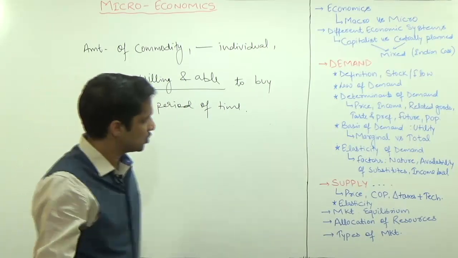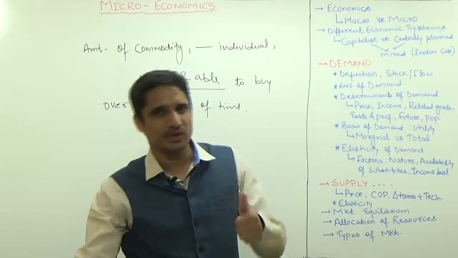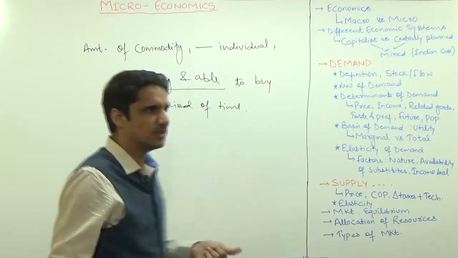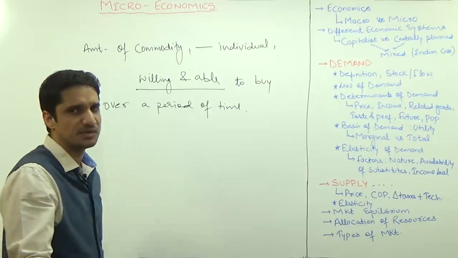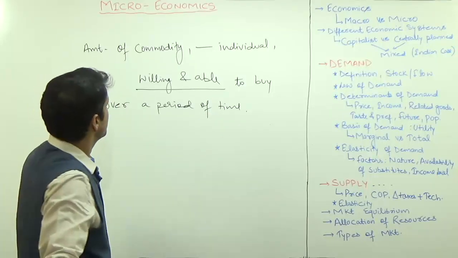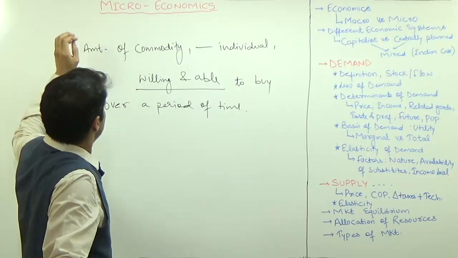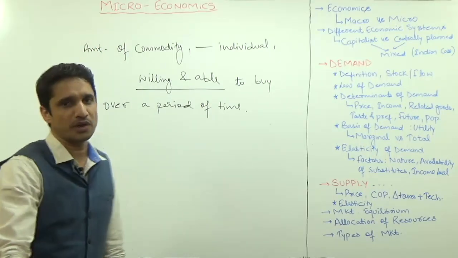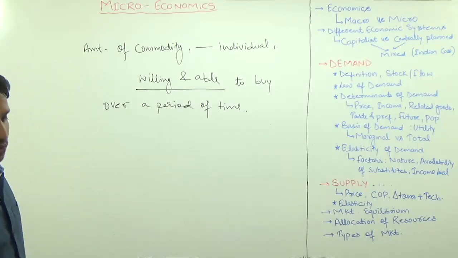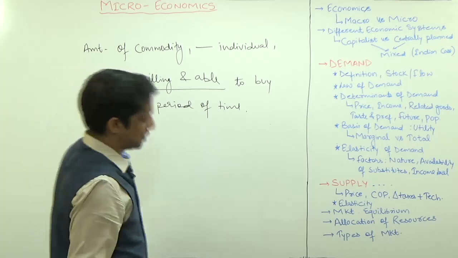So in the exam you can expect a question on MGNREGA. Maybe they will give some features: what are the new features in MGNREGA 2.0, such type of question. Anyways, the definition of demand is the amount of commodity which an individual is willing and able to buy over a period of time.